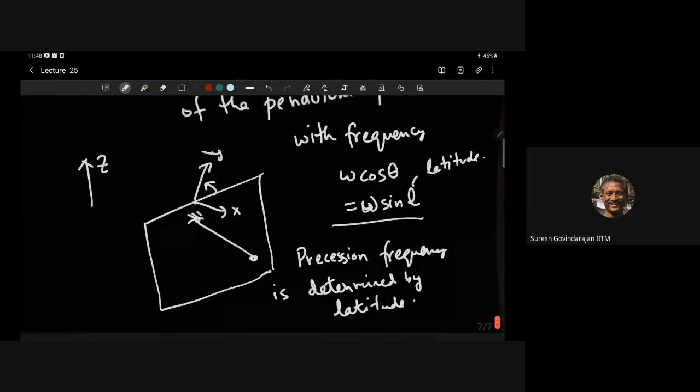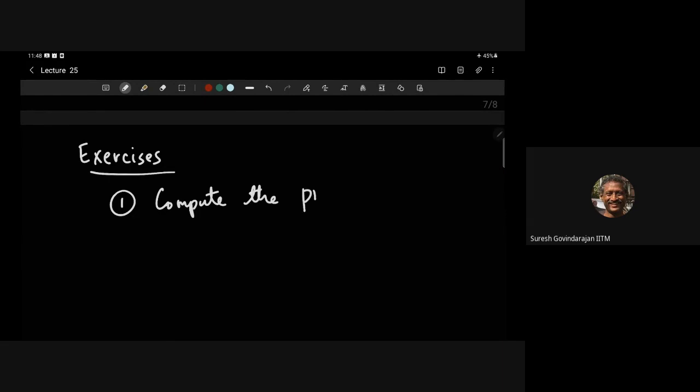So yeah, a bunch of exercises. Compute the precession frequency for Chennai.